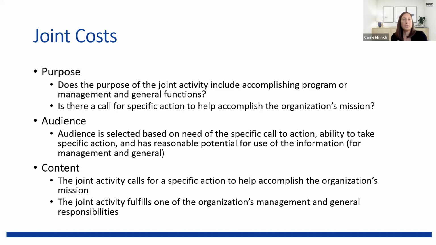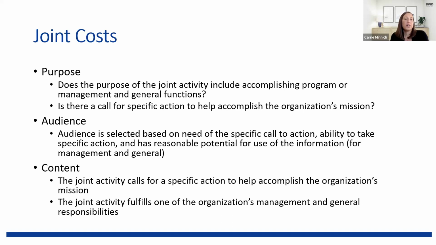And these here on the screen, you can see the purpose criteria that must be met is, does the purpose of the joint activity include accomplishing a program or management general function? So is there a call for the people to actually help accomplish the organization's mission? For example, if your organization's mission is to educate people about smoking and to stop smoking, is there a call for people to stop smoking?